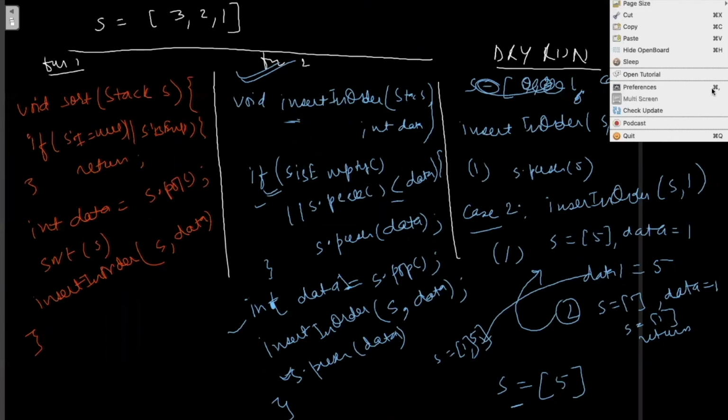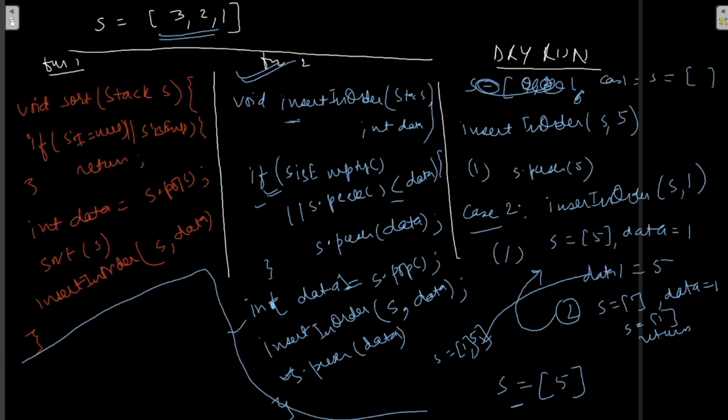Okay. So now if you see in this code, we haven't given a stack. Suppose the stack is 3, 2, 1. So this part is just a boundary condition check. So if I have to dry run this whole method, function 1 ko agar apan dry run karenge, okay? So the first time when the method is getting called, the stack value was 3, 2, and 1.